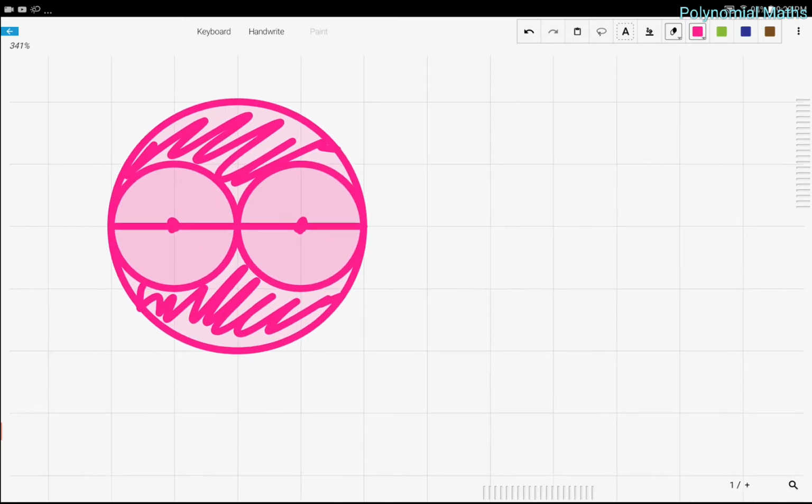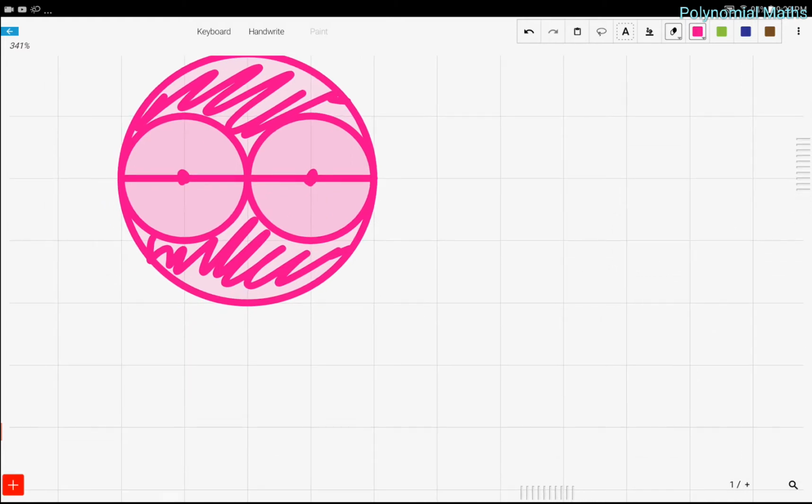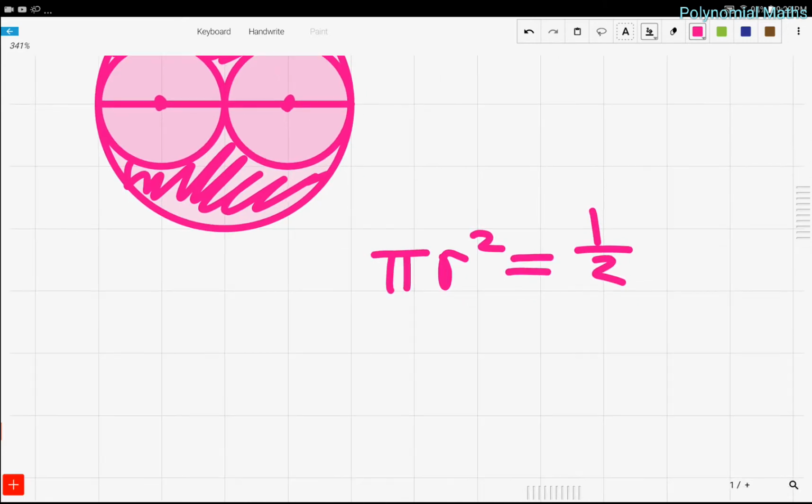Well, first, we can note that the area of each of the small circles is 1/2 because they're congruent. So using our famous formula, pi r squared, and setting it equal to 1/2, we can solve for the radius of one of the circles.